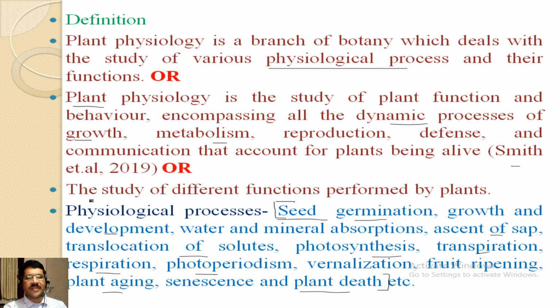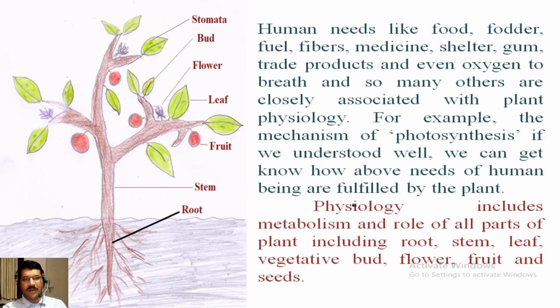Then the third definition, a very simple one: the study of the different functions performed by a plant is also known as plant physiology. Now see, there are different needs of human beings: food, fodder, fuel, fibers, medicine, shelter, gum and other trade products, even oxygen to breathe, and so many others are closely associated with plant physiology.